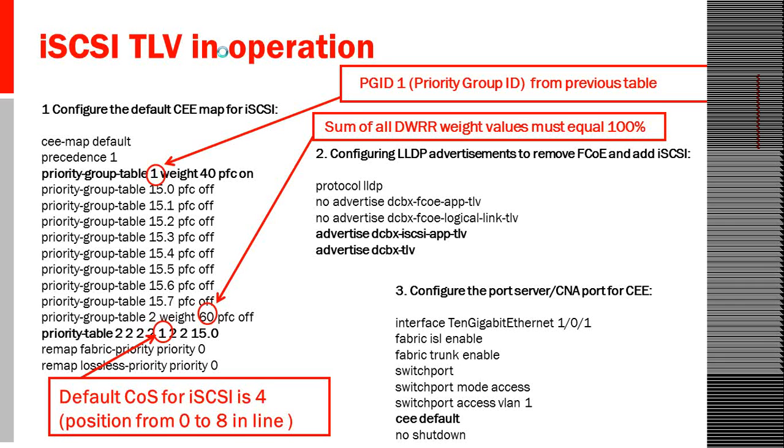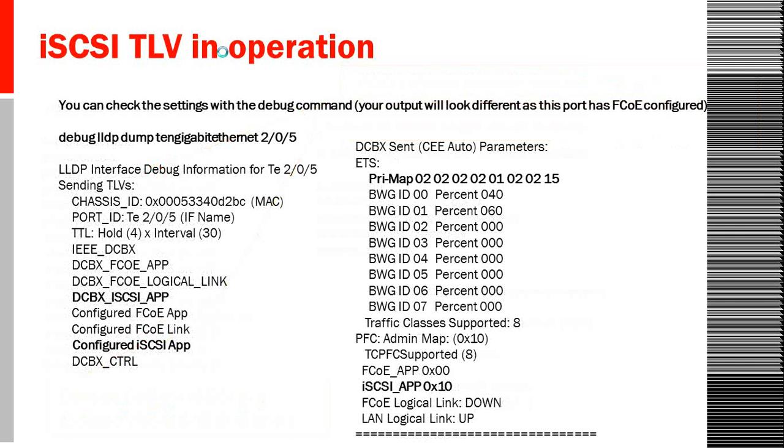And then the final thing, of course, is to invoke that on the interfaces where we have CNA, by the way, is converged network adapter, so that's an Ethernet fabric adapter. So ascribe that to the ports where we have the storage and where we have the servers, in effect. So we've got that end-to-end path, as I said.